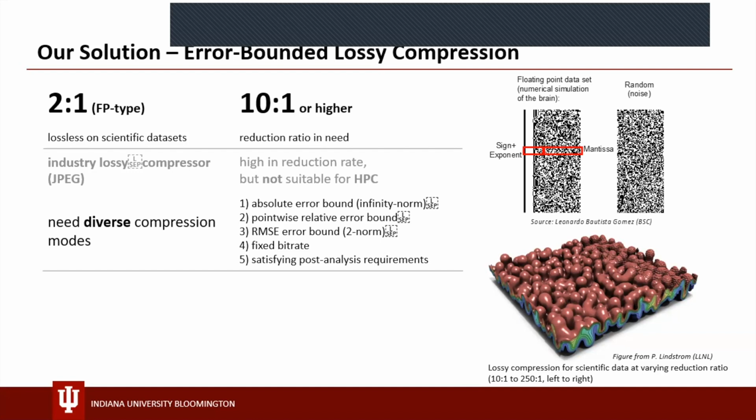For scientific data, we don't really know what type of error you introduced, so we need very diverse and strict error-controlling techniques. For example, we need to bound the error of each data point, and also control an L2 norm or MSE-based error. Sometimes you need to control the compression ratio or the bit rate after compression, to provide stable throughput.